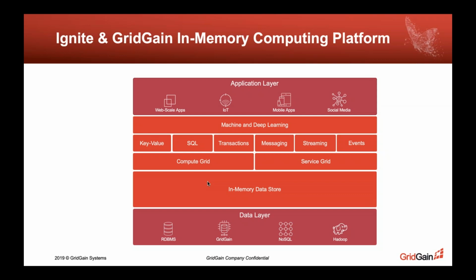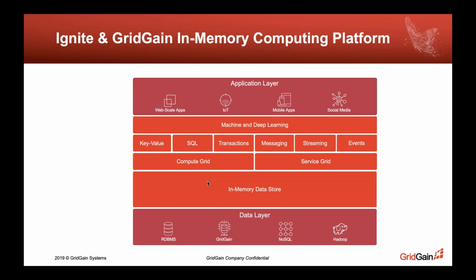So some of the core use cases or features that we have as part of Ignite and GridGain is its distributed memory-centric storage. So it allows us to store giant data sets in memory. It supports co-located compute, so we can bring our computations to the servers where the data actually resides, which eliminates a lot of network bottlenecks.